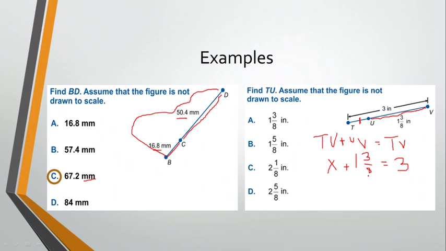Now some people might be intimidated by this because it has a fraction, so you can always count up. If I add 5/8 to 1 3/8, that gives me 2. So 5/8 is going to be my fraction, and that rounds this up to a 2. 3 minus 2 is 1. So 1 5/8 should have been the correct answer.